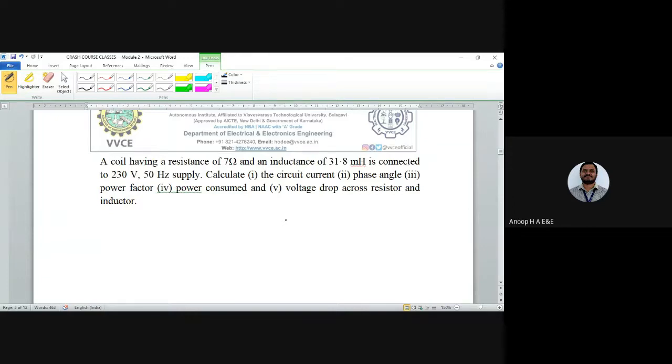Okay then. So let's find out the solution for this numerical problem, which is quite simple. If you can see, the same problem was asked in the internals also. You can see it, and you can let me know what to do and how to proceed with the solution.